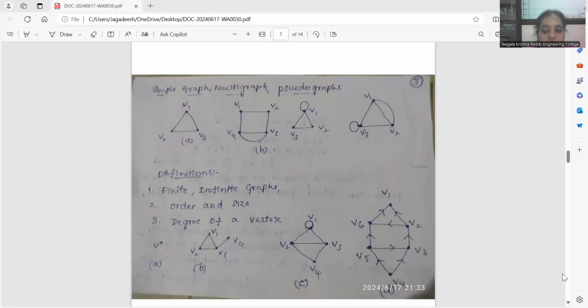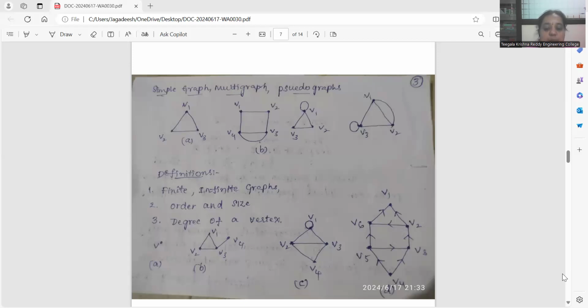All edges are coming towards V1. So the in-degree is 2. The out-degree is 0, because according to the direction shown in the figure, no edge is going from V1 towards any vertex. So out-degree equals 0.